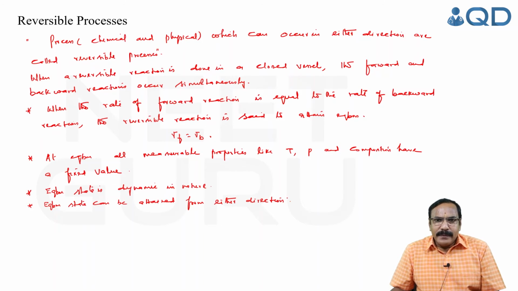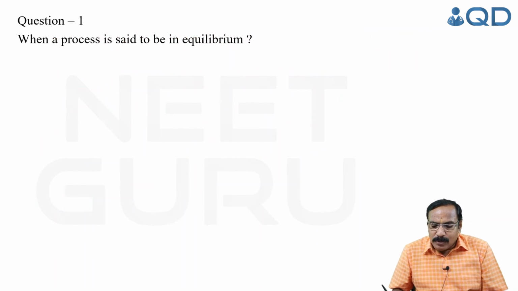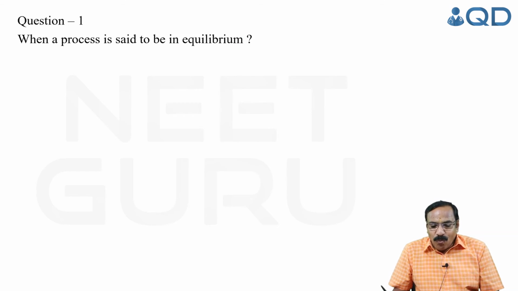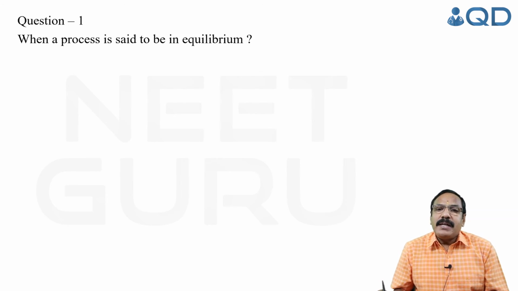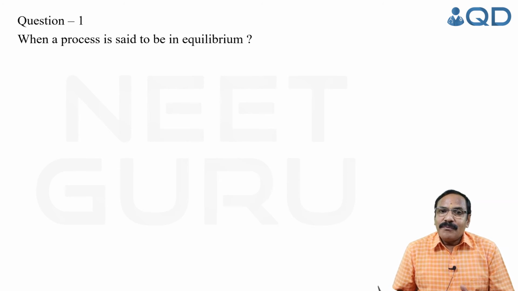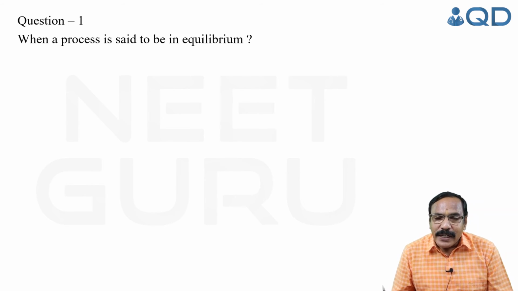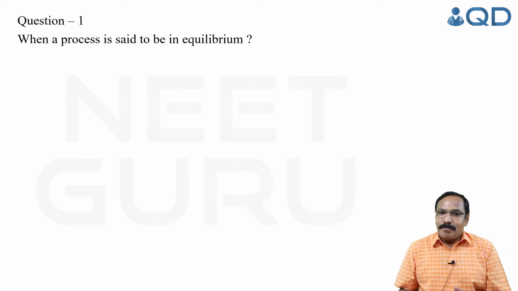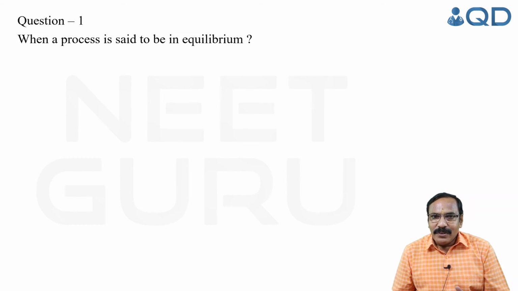Now, let us discuss a simple question. A process is said to be in equilibrium when the rate of forward reaction is equal to the rate of backward reaction. Yes or no? Yes.